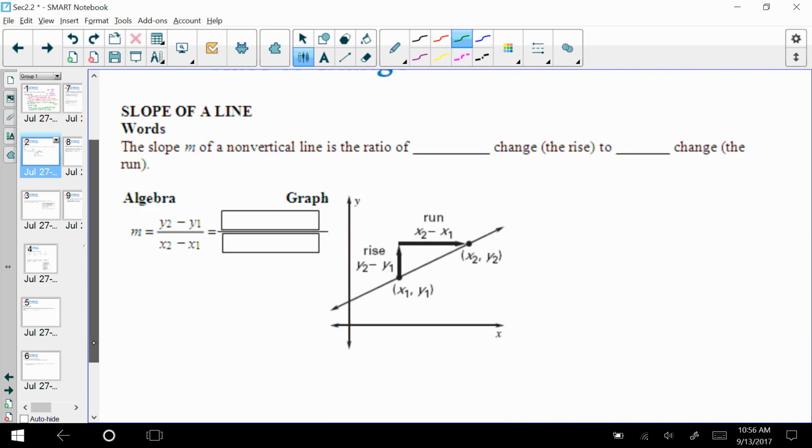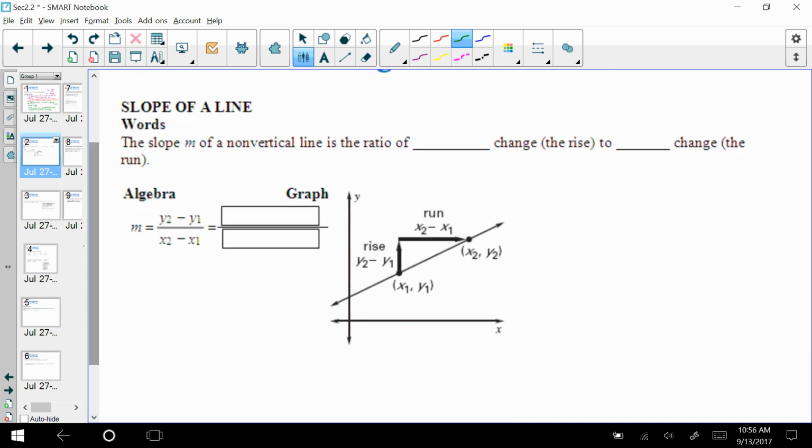In this next example, we're going to find the slope of a line. So the slope of line m, of a non-vertical line, is the ratio of vertical change, or the rise, to the horizontal change, or the run.